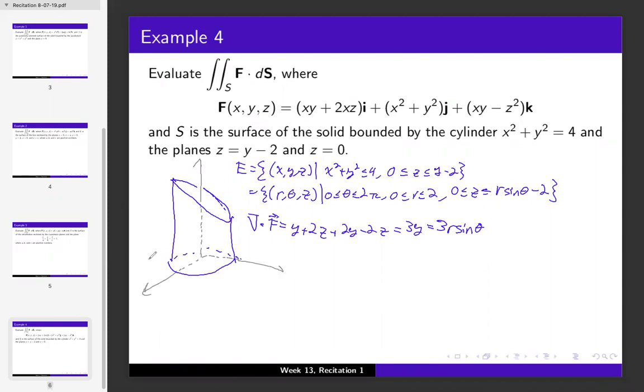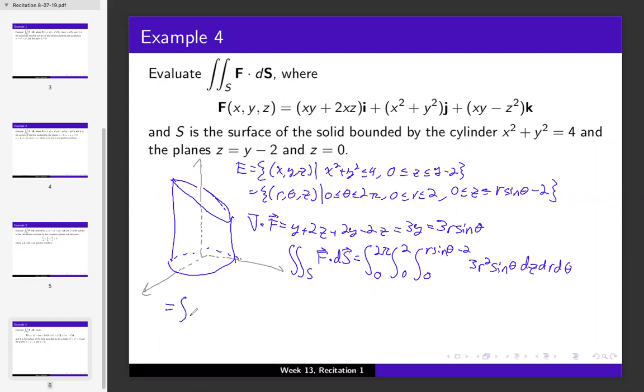Okay, so to actually calculate this thing, we're going to have to remember a little bit about how triple integrals work. So this becomes the integral from 0 to 2 pi, integral from 0 to 2, integral from 0 to r sine theta minus 2, of 3r squared sine theta dz dr d theta.